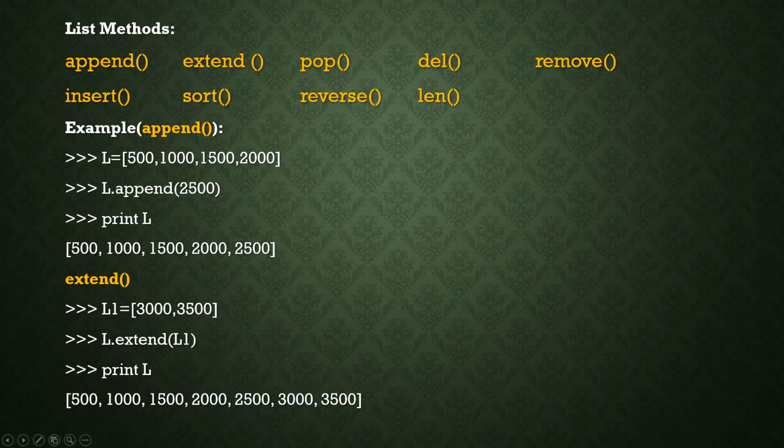At the end, the 2 elements 3000 and 3500 will be appended by L dot extend. So the extend method is similar to append, but extend is used to append a list instead of a single element.